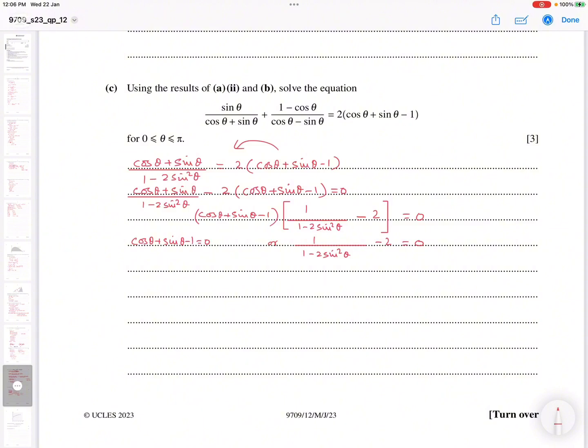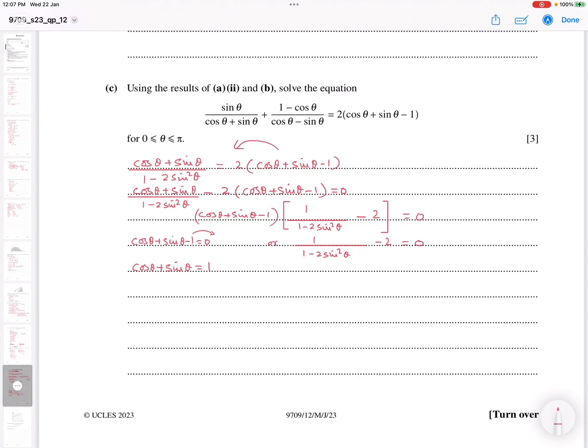For cos theta plus sine theta minus 1, you can refer to part A2. Now I can write cos theta plus sine theta, sending minus 1 over there, equal to 1.